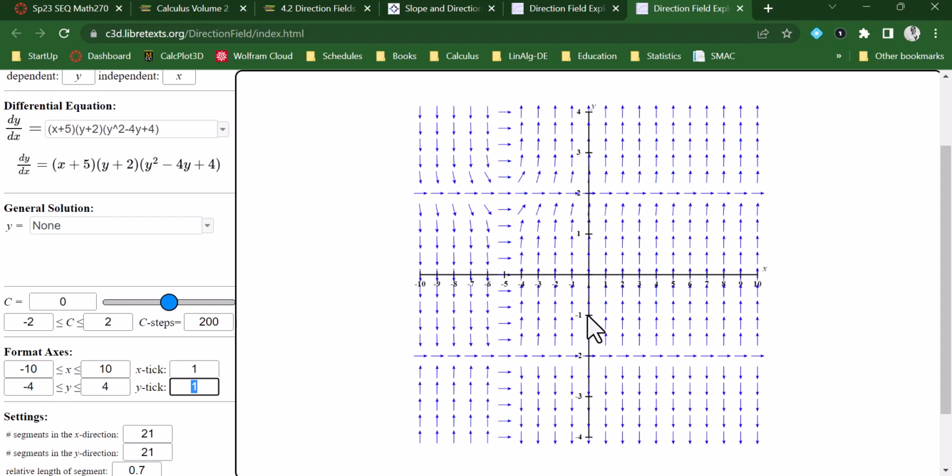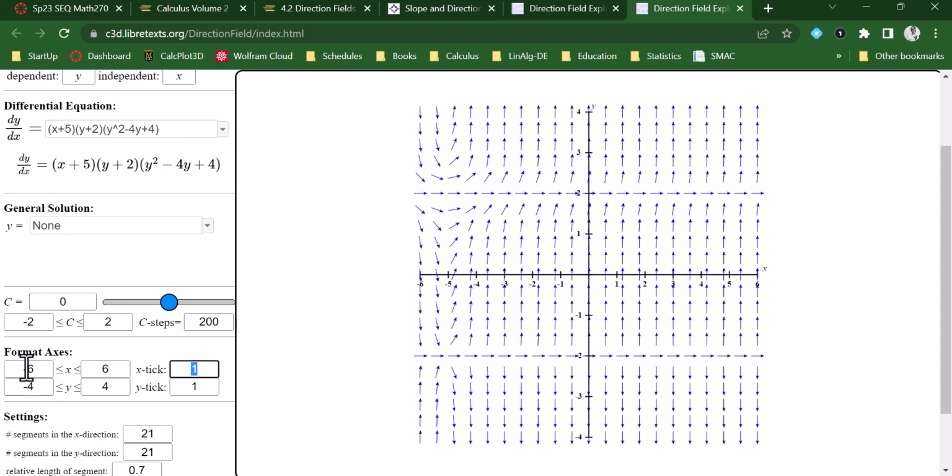So now at -2 and 2, when y is equal to -2 and 2, you can clearly see this horizontal line over there, and that acts as an asymptote to any of the possible solutions. Maybe 10 is a little too far. Let's cut that down to 6.